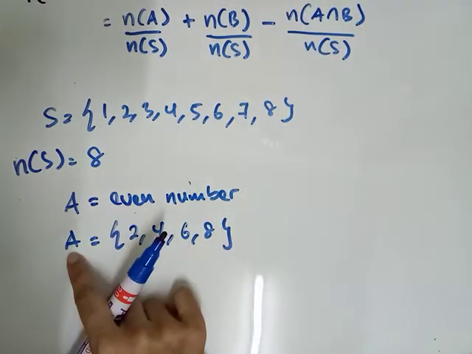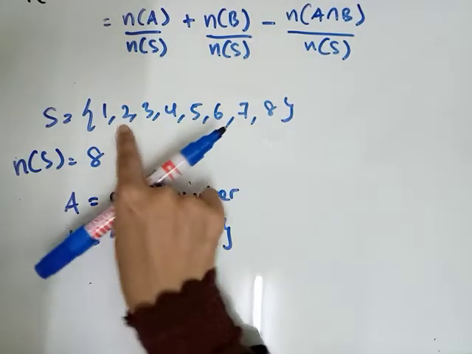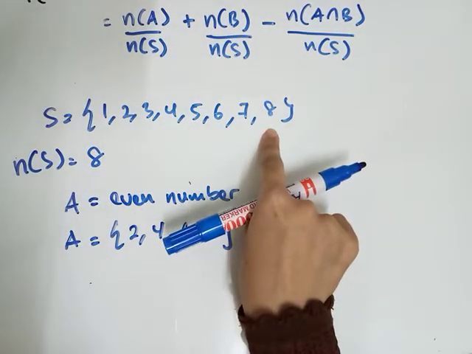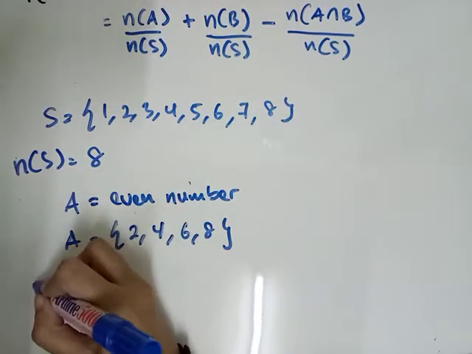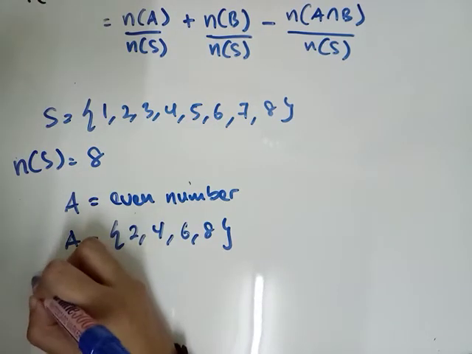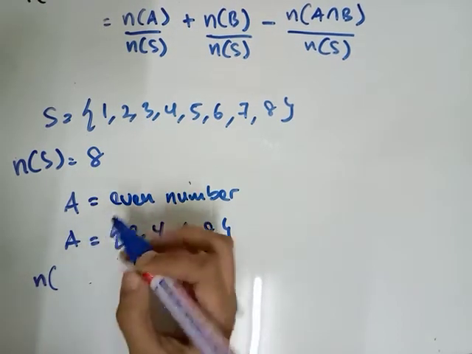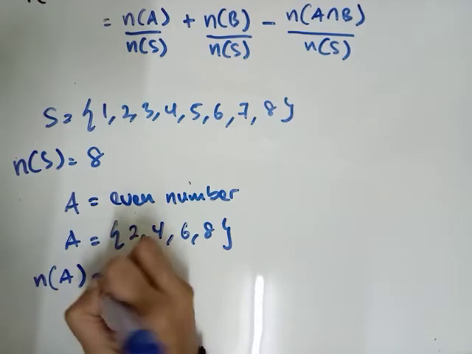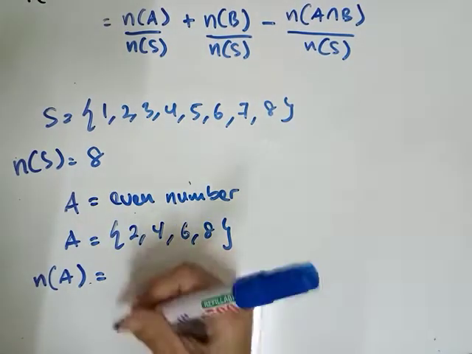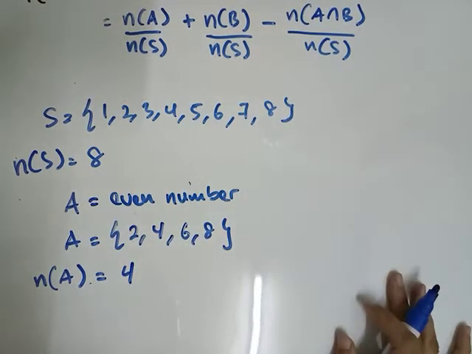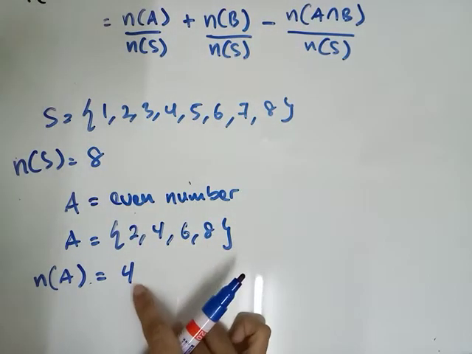So the element inside A, even number, is 2, 4, 6, 8. Alright. So how many elements in set A? 1, 2, 3, 4. Okay, the number of elements in set A is 4.